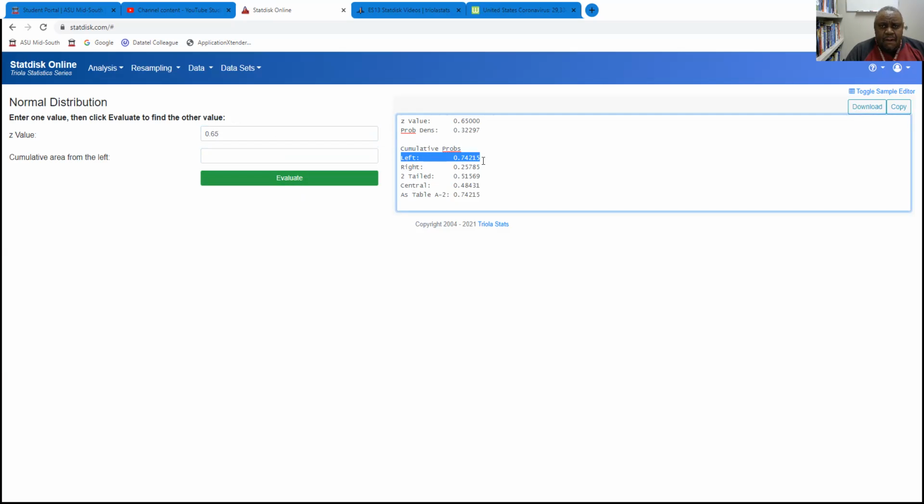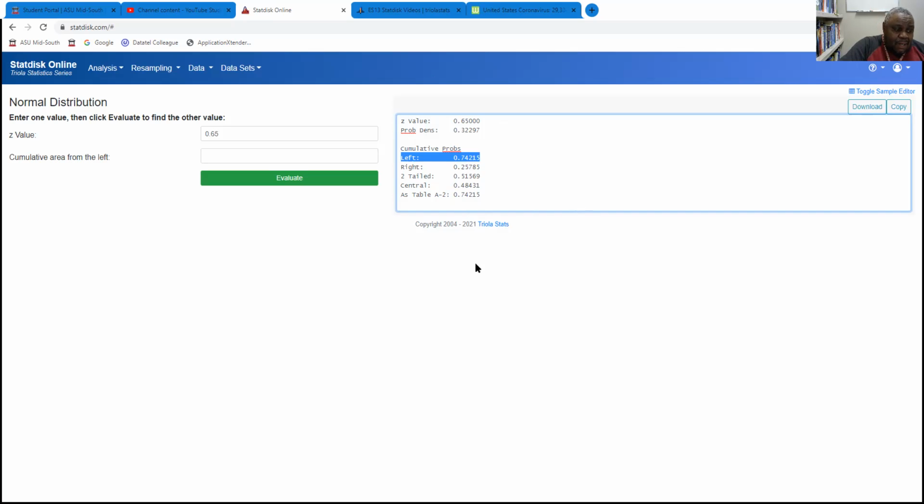So to 4 decimal places, this will be 0.7422. Notice that the 4th digit after the decimal point is a 1, and to the right of it is 5. It's 5 or bigger, so that 1 increases to a 2, so it'll be 0.7422.